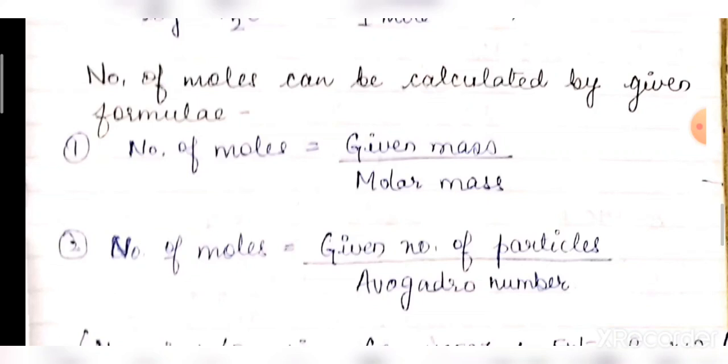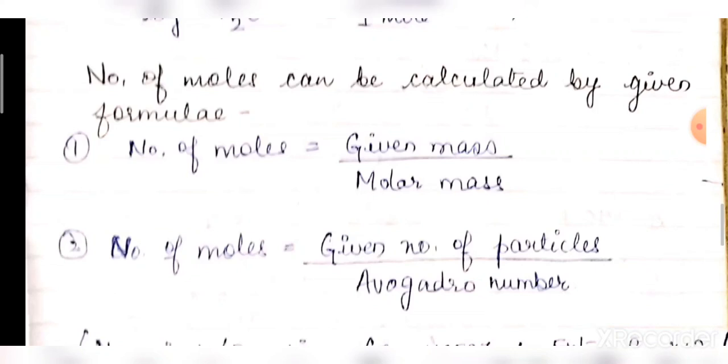For example, if we are given 3.011 into 10 raised to the power 23 particles of helium in the question, we have to calculate the number of moles. So we will write 3.011 into 10 raised to the power 23 upon 6.022 into 10 raised to the power 23, that will be 1 upon 2. So that is 0.5. So the number of moles of helium will be 0.5 moles.